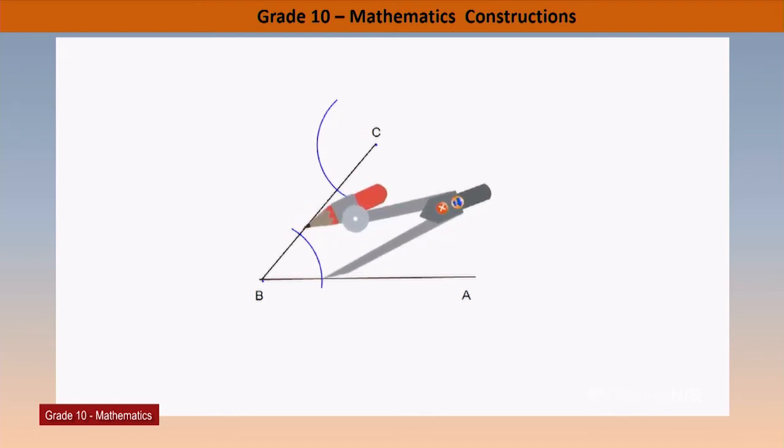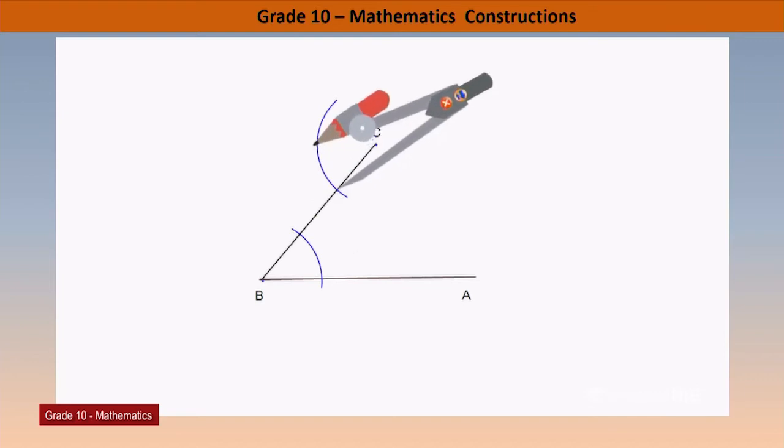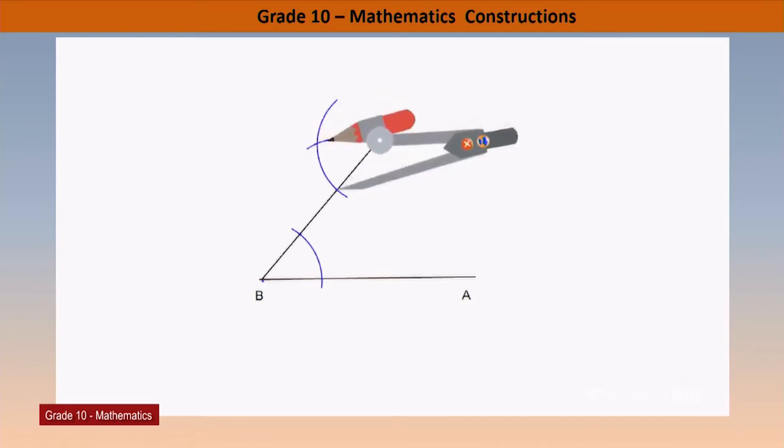Just as I explained earlier, copy the same angle, measure the length of that arc. We are going to copy the angle BAC on C. There is a point on BC, we can construct an arc.